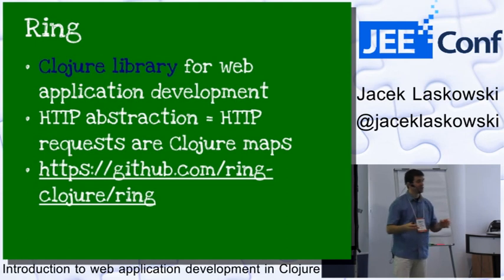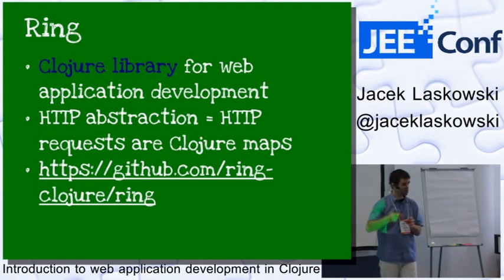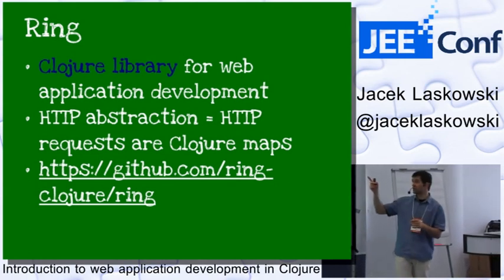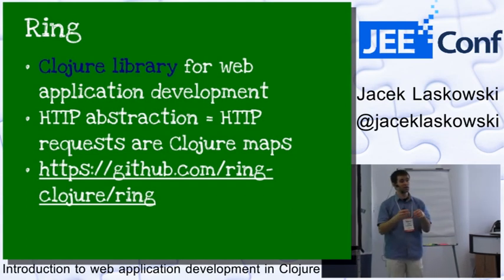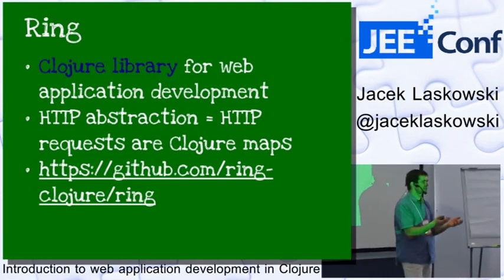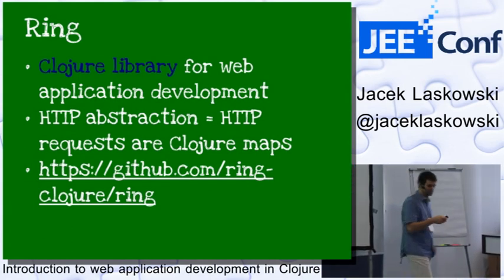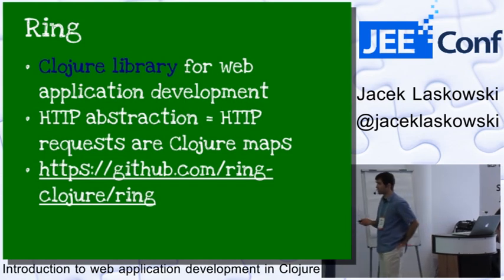So effectively, whenever you do something with Ring in Clojure, as far as web application development goes, you will use Ring to have a map as an input, and you will return a map as an output. So Ring will transform it to a page, given some conventions.